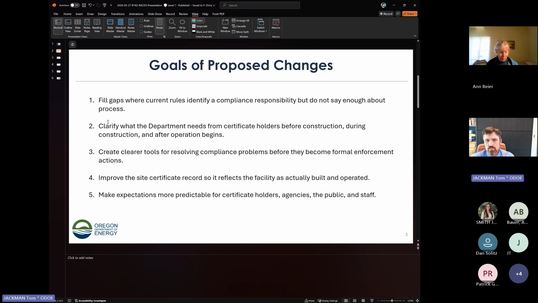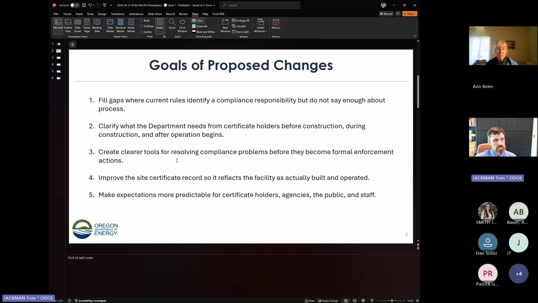Then these other goals are related to it: clarifying what the department needs from the certificate holders before construction, during construction, and after operation begins, and creating clearer tools for resolving compliance problems. Right now there's an inspection rule, and then there's a rule in Division 29 about going to DEFCON 12.